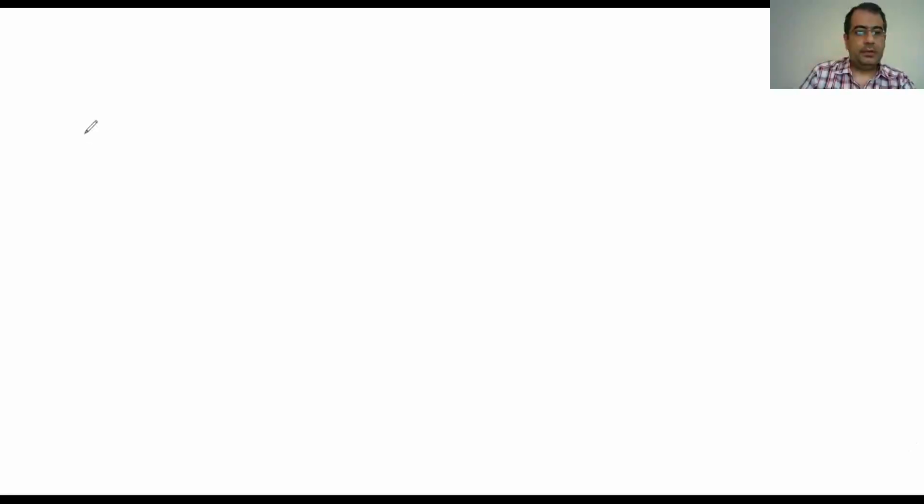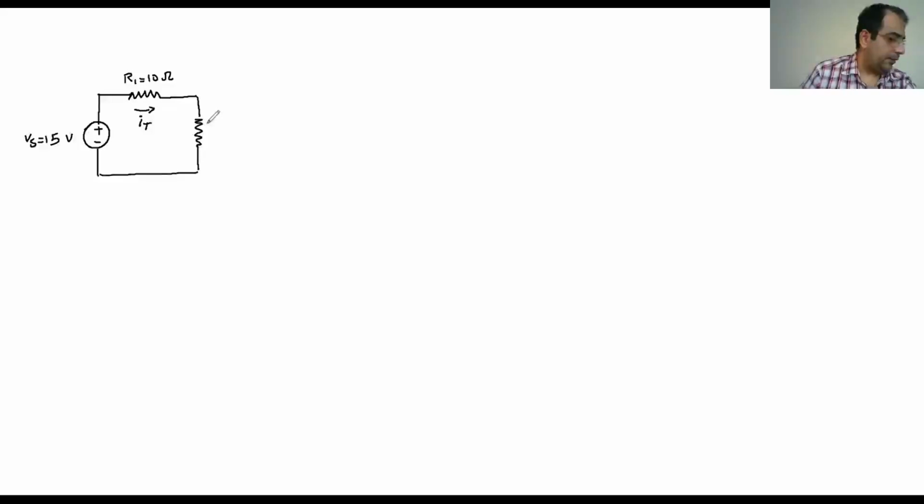Assume I have a voltage source like this, 15 volts, and then it's connected to a 10 ohm resistance, R1. Then there's a second resistance, R2, which is 5 ohm, and the positive side we call VT.